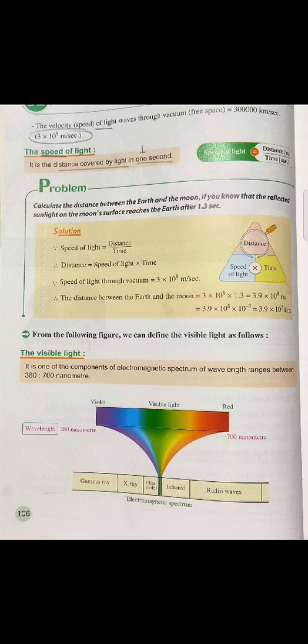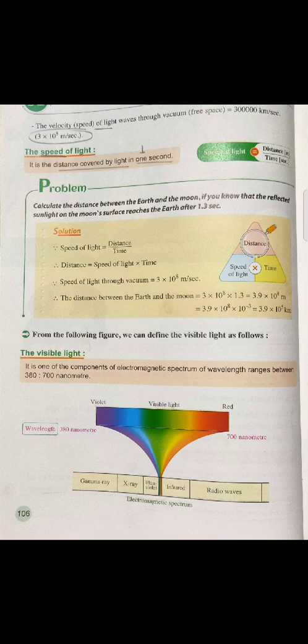The speed of light equals 3 by 10 power 8, the distance we don't know, but we know that the time is 1.3 seconds. So we write: distance between earth and moon equals speed of light by time, and after the calculations you will find the distance, and we put the unit of the distance, meter or kilometer.